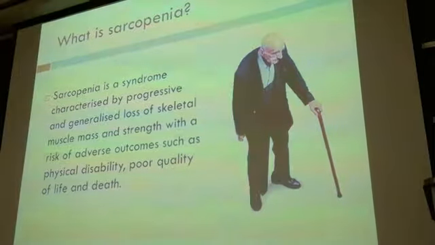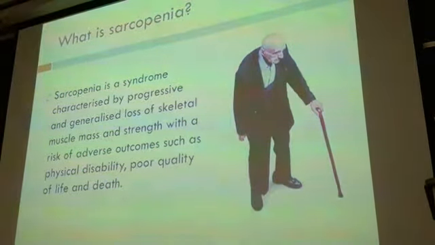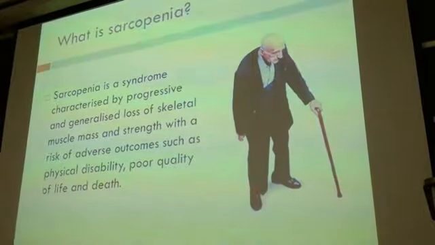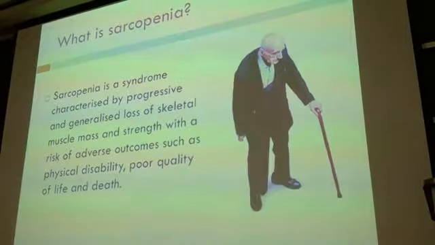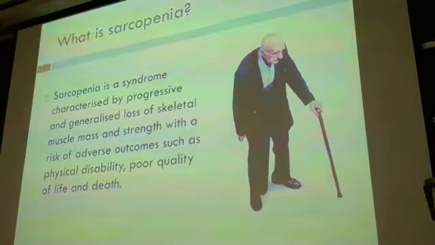So what is sarcopenia? It's a syndrome characterized by progressive and generalized loss of skeletal muscle mass and strength. And it's obviously important because strength and stability are important for maintaining physical activity and also the ability to prevent things like falls, which are a very serious cause of morbidity and mortality in the aged.